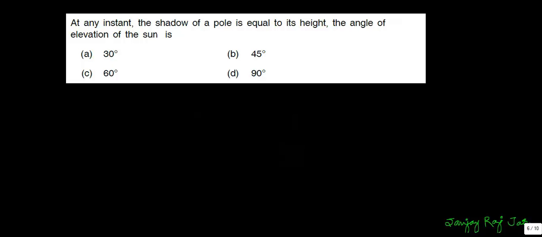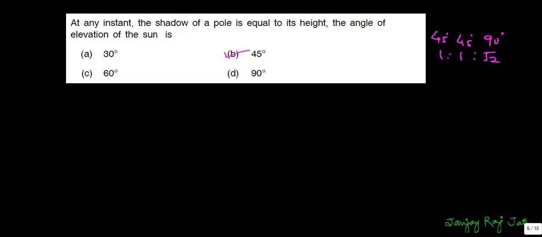At any instant the shadow of a pole is equal to its height. The angle of elevation of the sun is, we know when the two sides are equal, then the angles are going to be 45, 45 by our ratio, which was 1 : 1 : root 2, 45, 45 and 90 degrees.